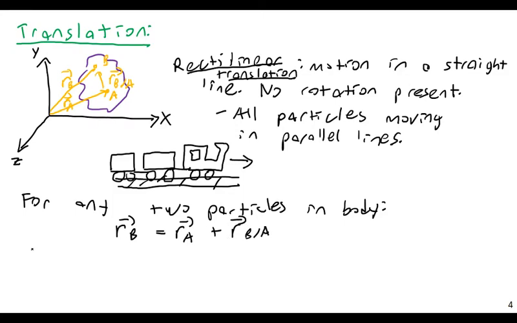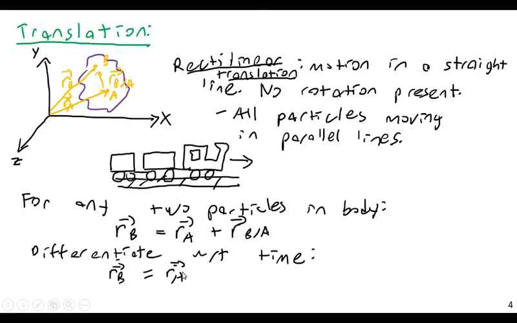And then if I differentiate with respect to time, R dot B is equal to RA dot plus R from A to B dot, which equals RA dot.